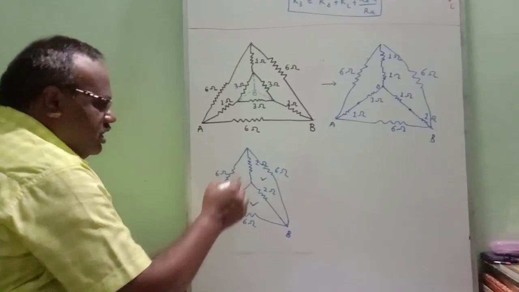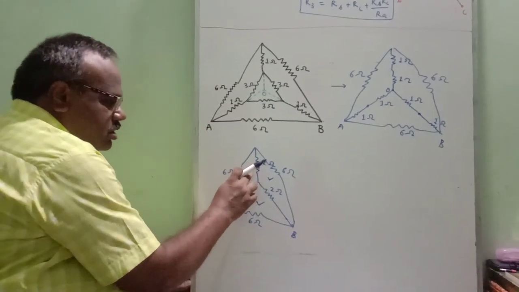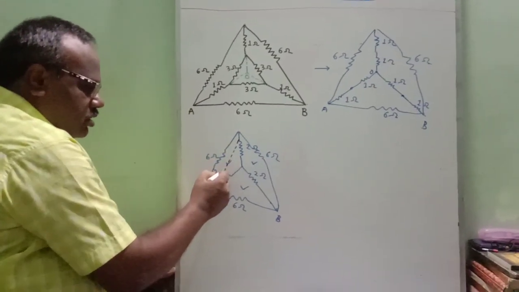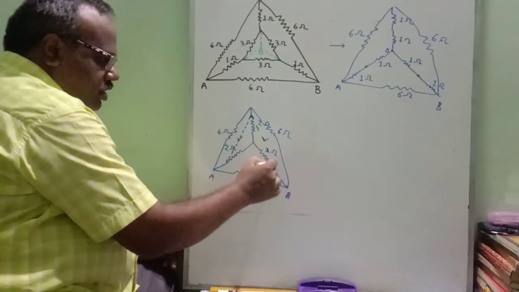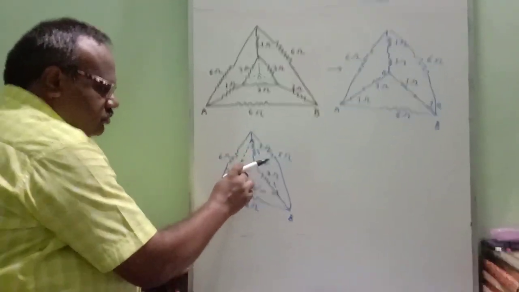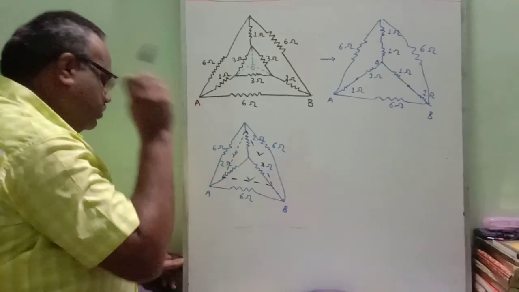Here we are changing it from star to delta. If you change star to delta, I can draw it like this. This star changes into delta.